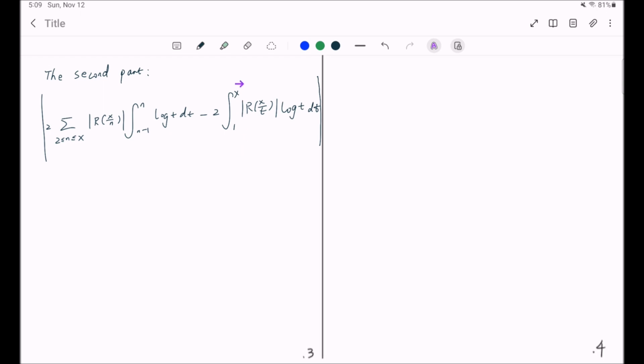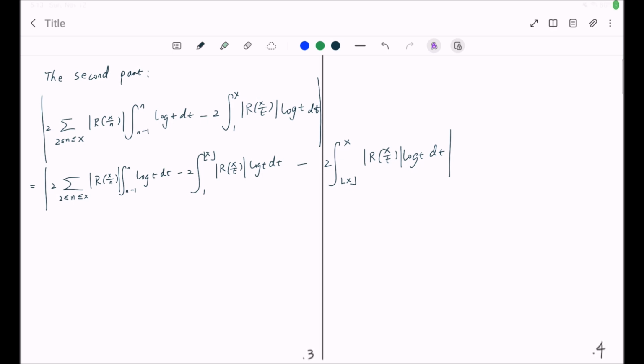Namely, we do a truncation at the floor of x. This is the truncation I meant. And now we use the triangle inequality to throw this guy outside of the absolute value sign.